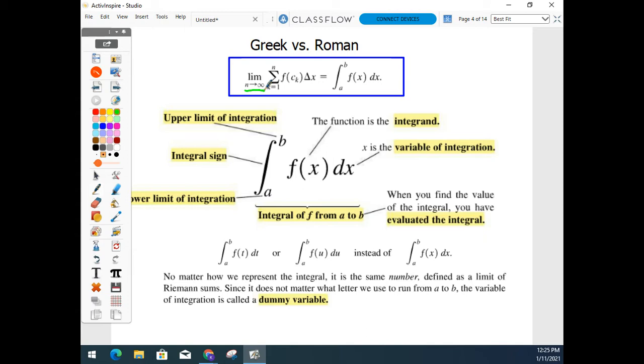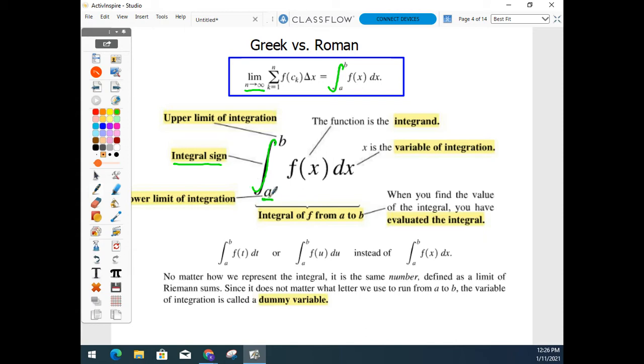Where this is the Greek symbol, the Roman symbol for sum is this elongated S. All right, this elongated S is the integral sign. The integral is just your antiderivative, the inverse of derivatives. So when you see this symbol, it's just the inverse of the derivative.